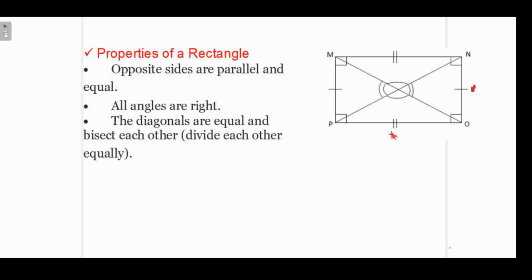So what are the properties of a rectangle? Properties of a rectangle: opposite sides are parallel and equal. So what are the opposite sides? The opposite sides in this figure, MN and PO, these are the opposite sides.